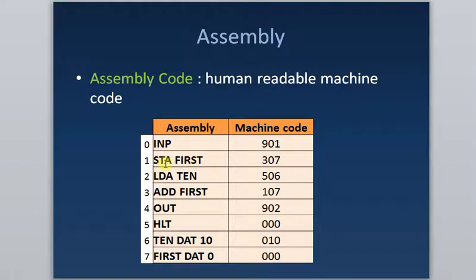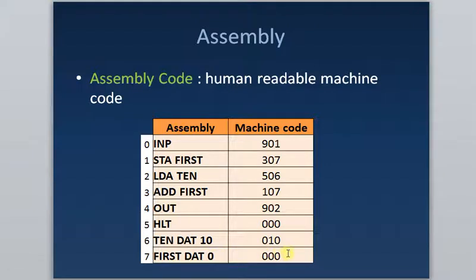Store first, STA first, might translate to 307. Store value, right? 300 is our store, the location is 7, and the assembler looks at this instruction and translates it to the number. The way it can figure out that first is supposed to be 7 is that later in my assembly I have a note here that says first is data, and it starts with a value of 0.